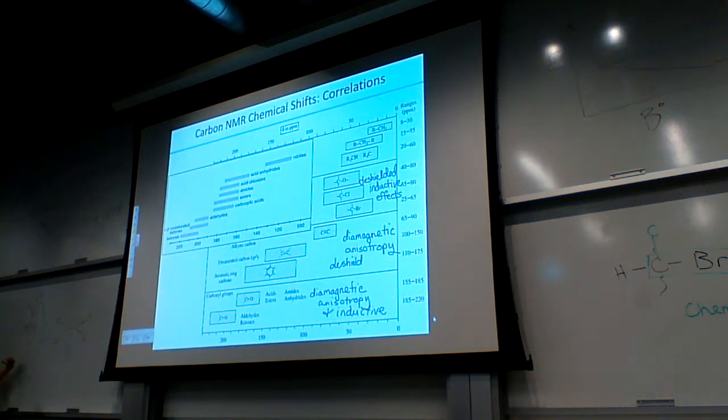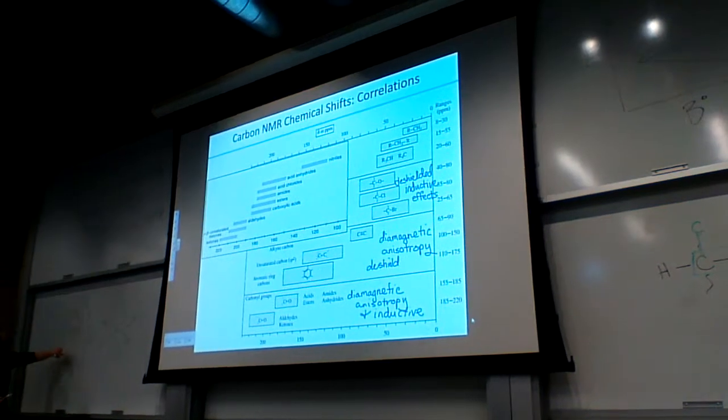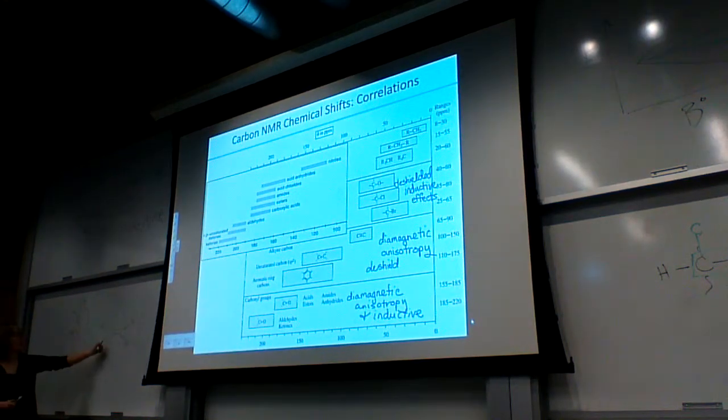So we actually had the opposite effect where this was shielding the hydrogen here, and this was de-shielding the hydrogen here. The carbon's kind of a little closer to the middle, so it's not quite as shielded here, and this one's still de-shielded.